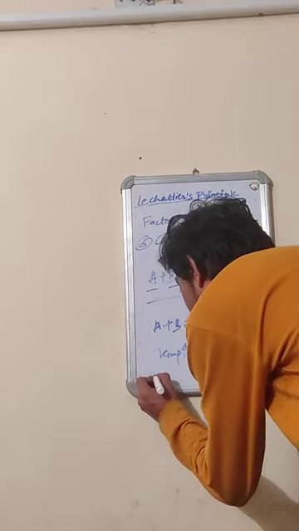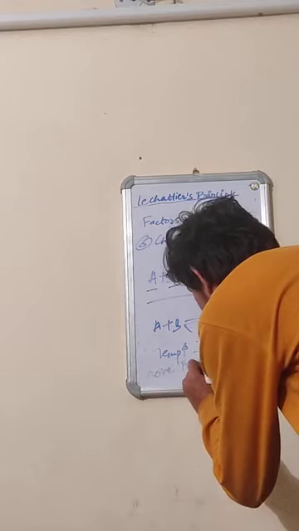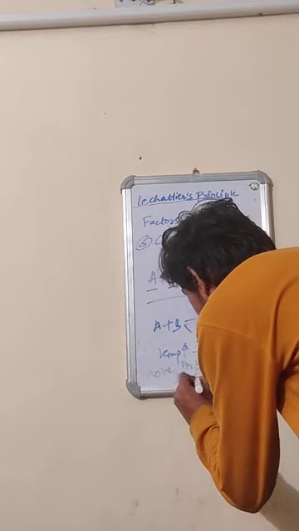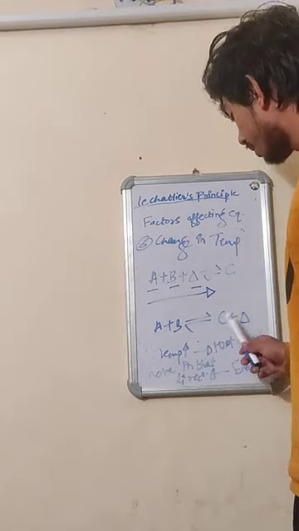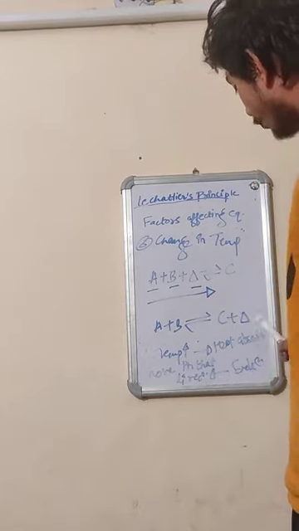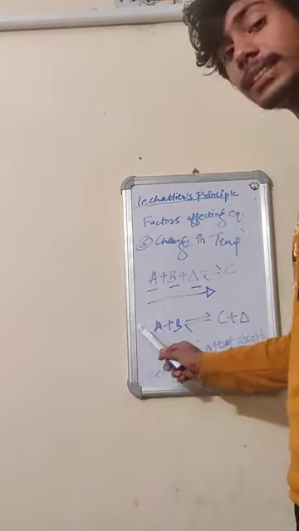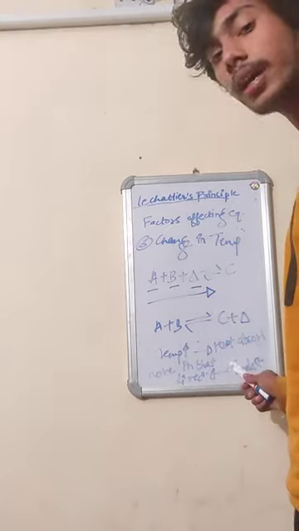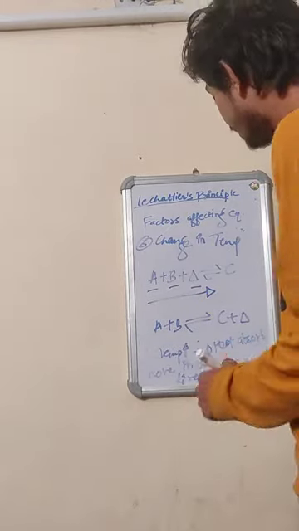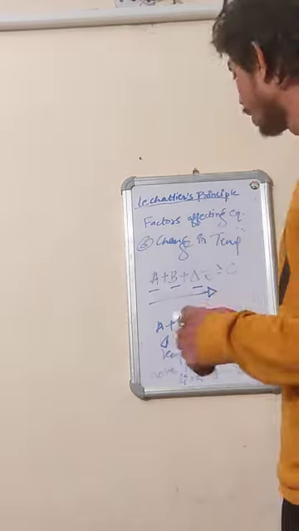So the temperature is increased, so the heat is absorbed. From this side you can see C plus delta. Here there is no heat, which means the heat is absorbed in this process. So it will be an endothermic reaction and it will move in this direction. So in this case the equilibrium will shift in the backward direction.